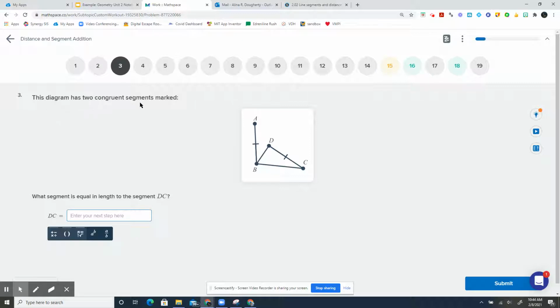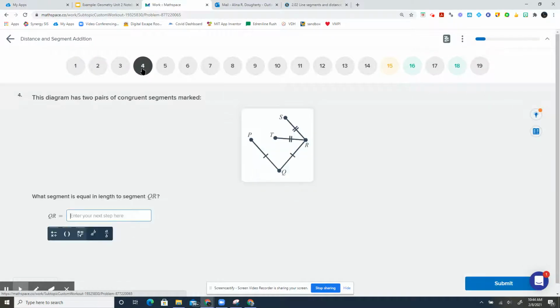The diagram shows 2 congruent segments marked. So we're looking for those tick marks. AB is congruent to DC. The order here doesn't matter. So we can do DC is congruent to either BA or AB. You can read that in either direction, endpoint to endpoint. So you're just going to write segment AB or BA.